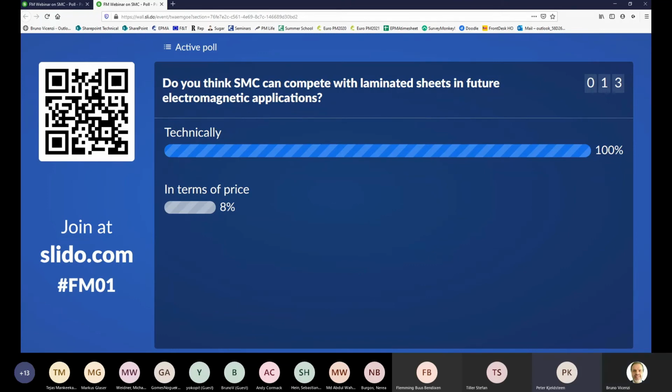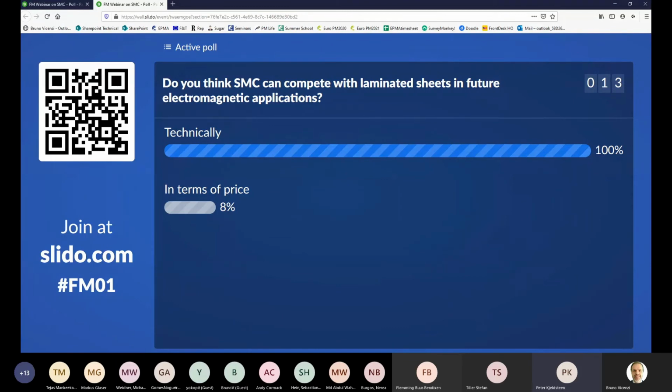It seems that people have understood how it's technically feasible. But we have also experienced that if you compare it one-to-one and not the entire system, then it will be difficult in terms of price.